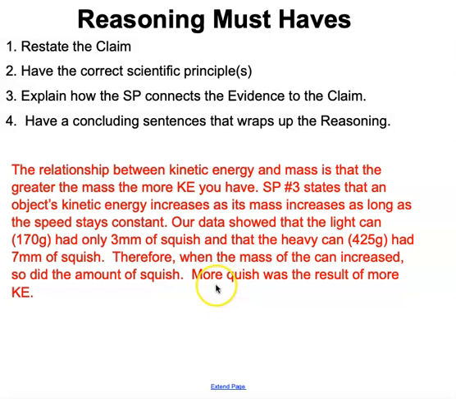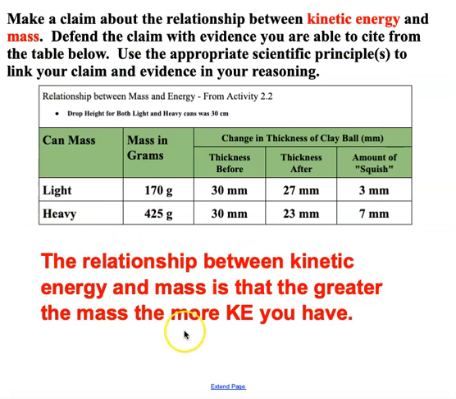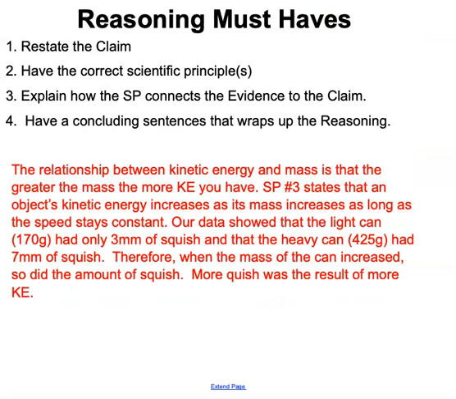This is the next sentence: more squish was the result of more KE. So by adding that last part, I say, okay, if we have more squish, that means there is more KE. So that demonstrates to me that I fully understand and have brought back and said that, hey, this data supports this claim. And I brought it all together right here.